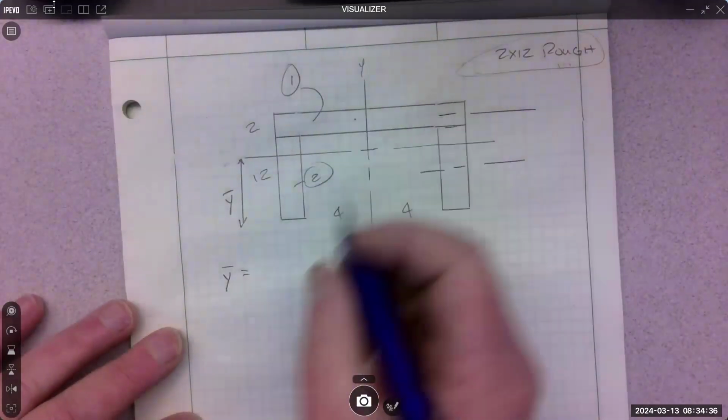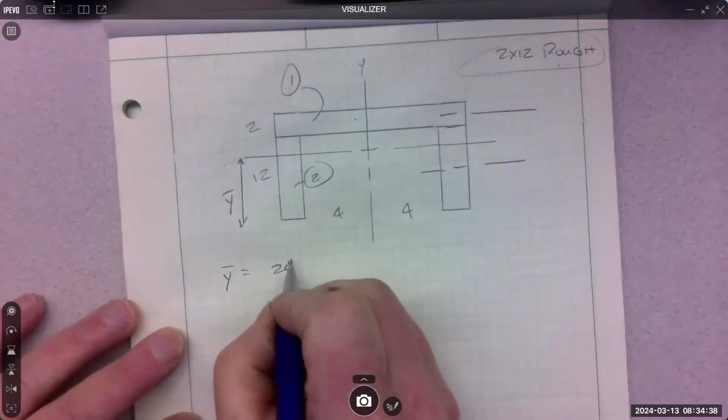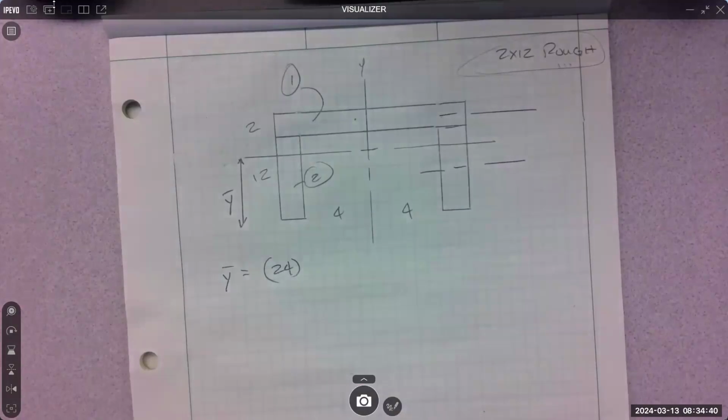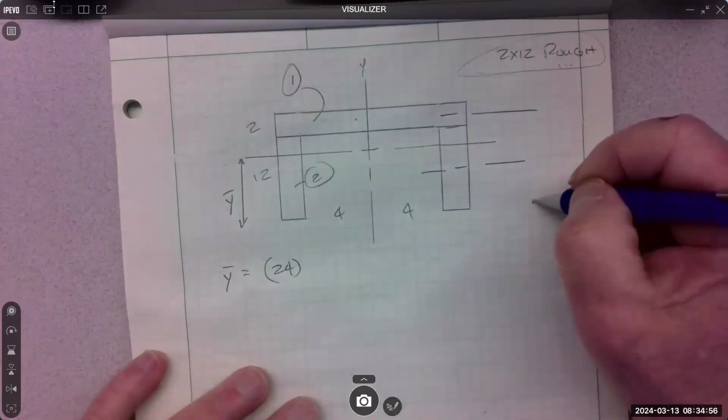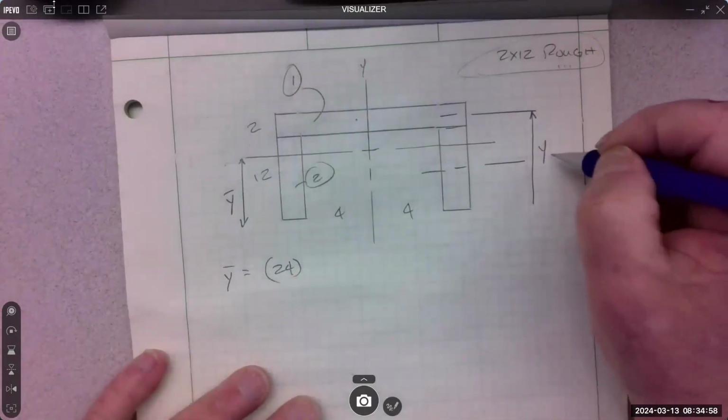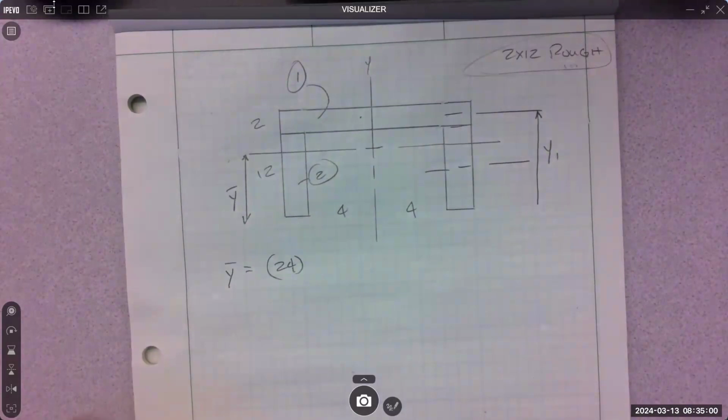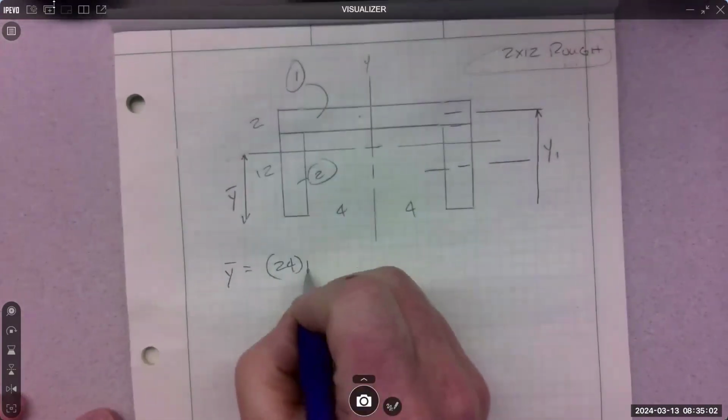So area 1, 2 by 12 is 24. Did I draw the picture right? Yeah. 4 and 4 is 8 and 12. Okay. And then what's the Y distance to number 1? That's this, Y1. Yeah, 13.